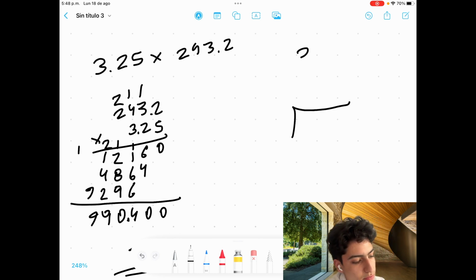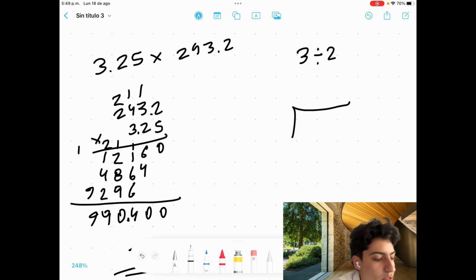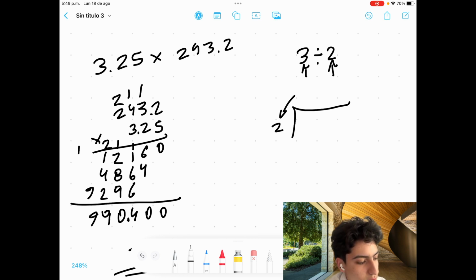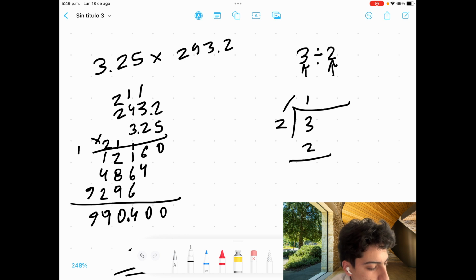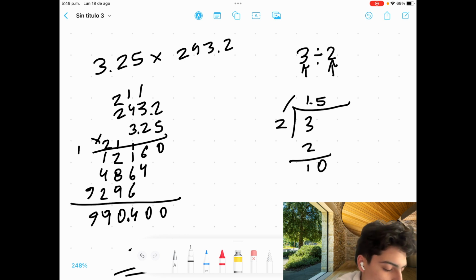So for example, if we have 3 divided by 2, here this is the divisor, this is the dividend, so the divisor is going to go outside. In this case, the 3 we're going to go here. So that's how you solve it.